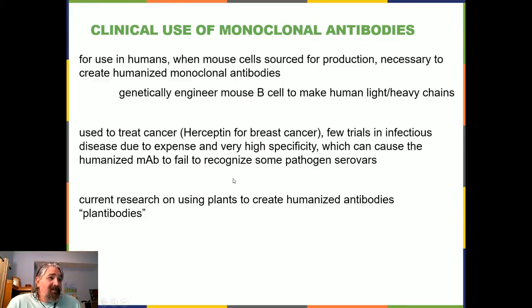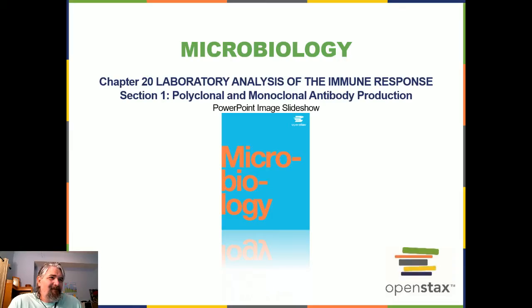There are few trials in infectious disease due to expense and very high specificity, which can cause the humanized monoclonal antibody to fail to recognize some pathogen serovars. Antigenic variation, right? There is current research on using plants to create humanized antibodies, which of course someone wants to call plantibodies. I'm not really feeling plantibodies, I gotta say.